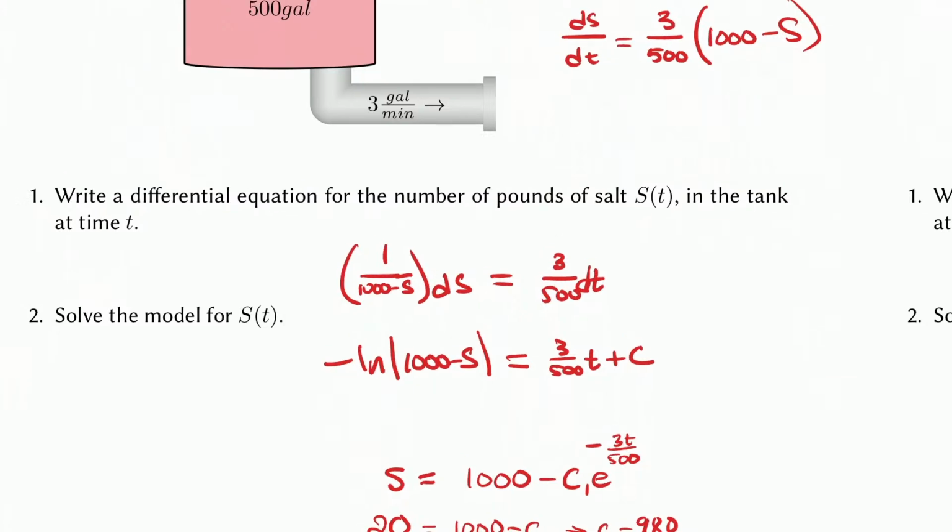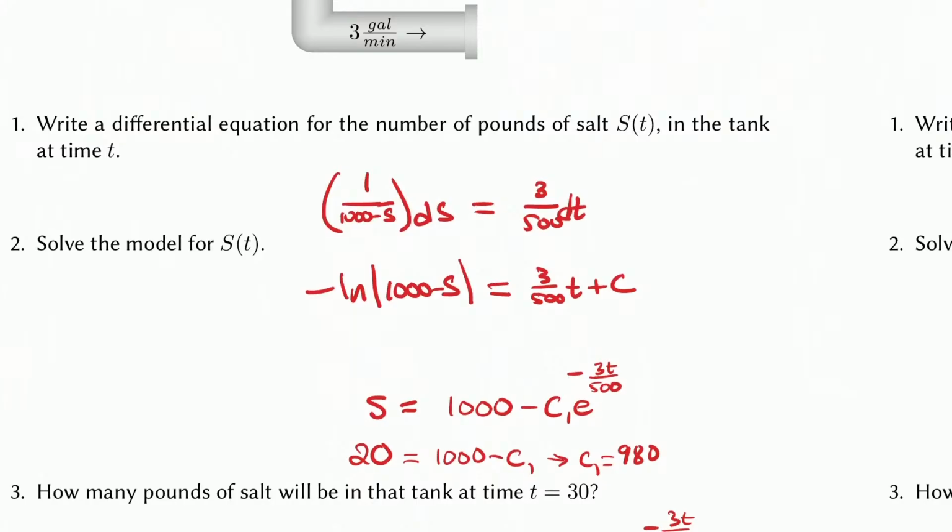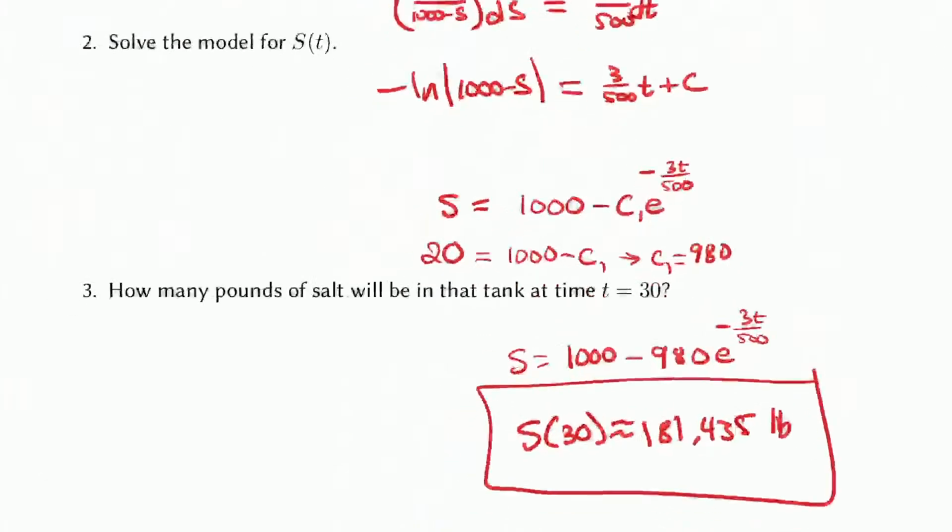So S was 1,000 minus C1 times e to the negative 3t over 500. Then I plugged in my 20 to get the constant, and the constant was 980. So here's my S of 30 once I plug 30 in.